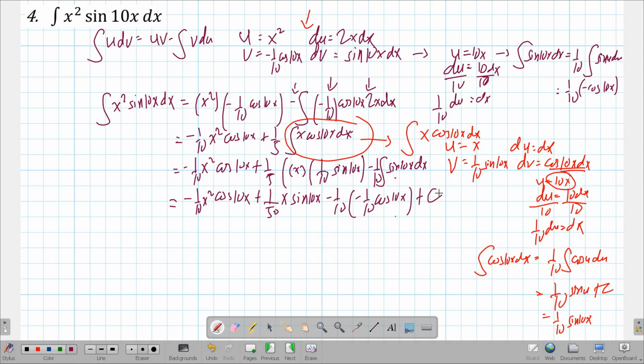So finalizing everything now. Oops, I think I forgot something. The 1/5 is for both this and this. So there should also be, let's rewrite that. There's supposed to be also a 1/5 times the negative 1/10, and then the 1/5, then the positive 1/10 first.